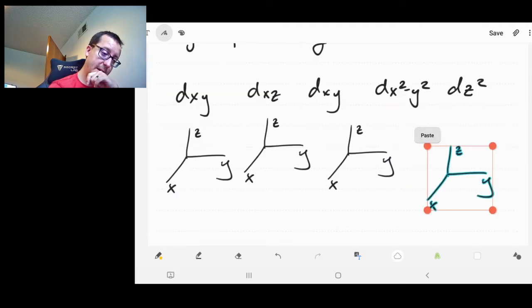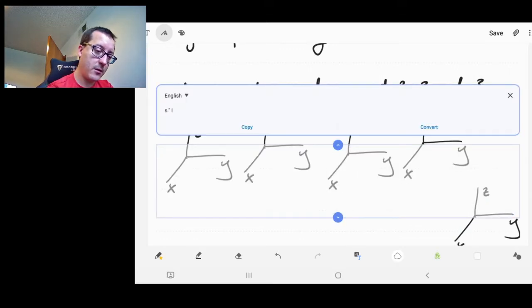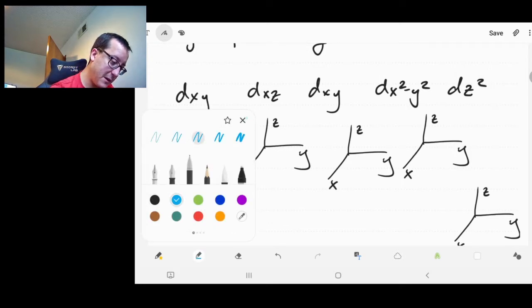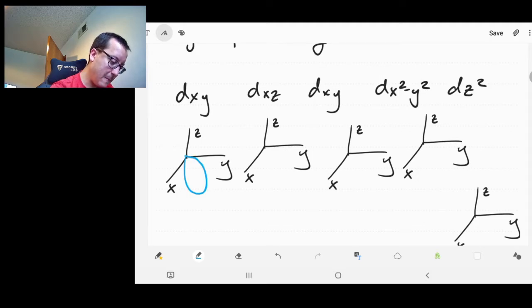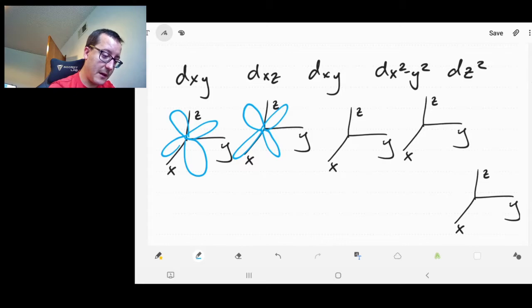Poor dz squared will go somewhere down there. So a dxy orbital has its lobes in between the x and y. A dxz has its lobes in between the x and the z. Let's see, how am I going to draw this? I'm terrible at drawing these, I'm sorry. We'll look at better pictures soon, don't worry. And the one, oh, I'm sorry, this should be YZ.